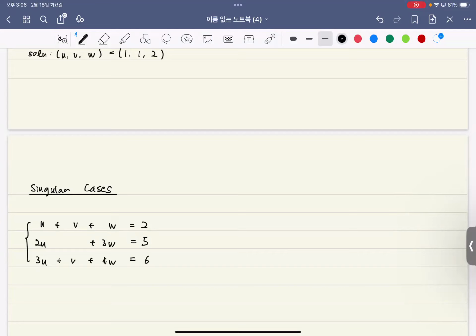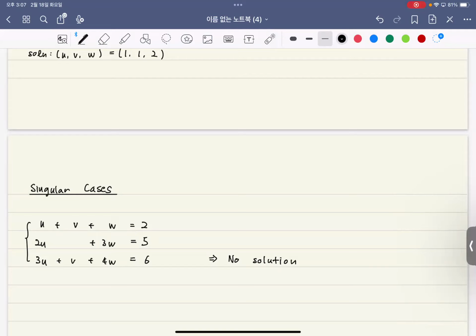If you spend a little time on this question, you can be easily convinced that there is no solution in this system. Why can I not find any solution? There can be 2 explanations, according to the row picture and the column picture.